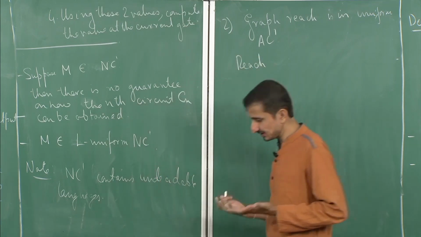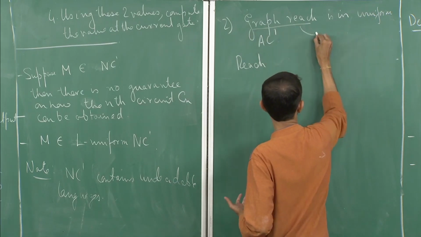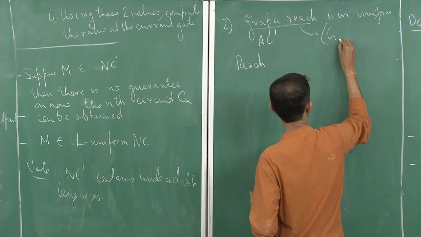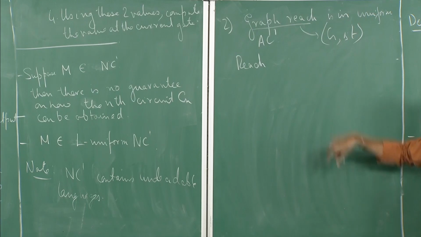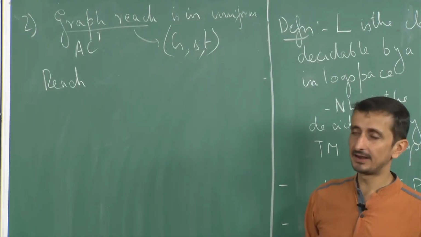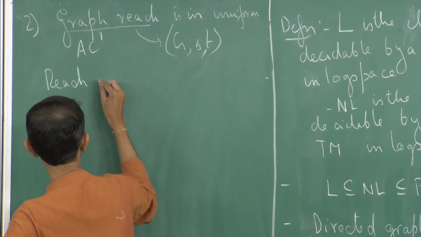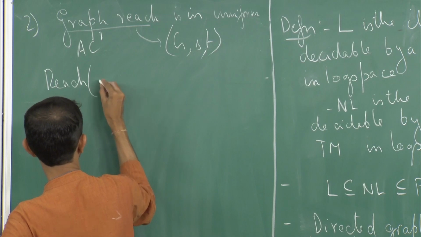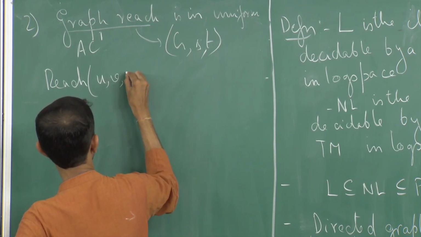So what is the graph reachability problem? It is a tuple given G, S and T. It should accept if there is a path from S to T in G, and if there is no path, you reject. So that's the graph reachability problem. So I define a predicate reach(U, V, I).